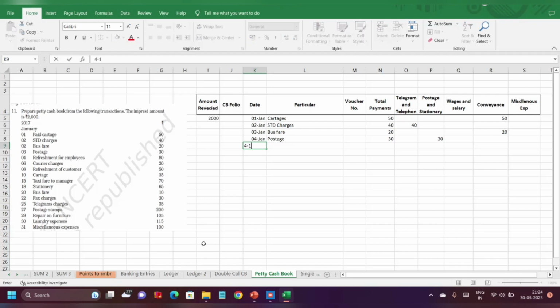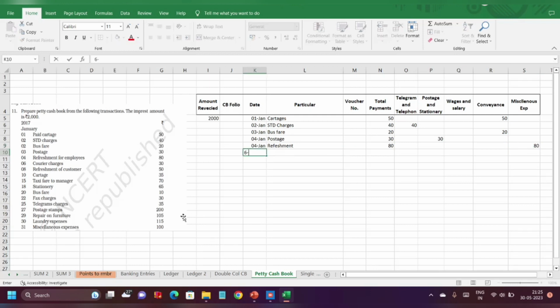Next, fourth again, for January, refreshment expenses, amount of 80 rupees. We will record it in our miscellaneous column because these columns are not something where we can record refreshment. So we will record it as miscellaneous expenses.